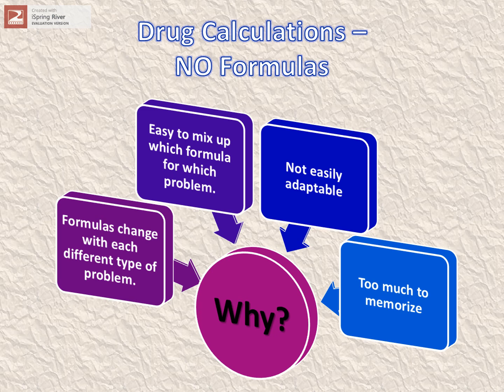Just lots and lots and lots of different formulas. It's easy to mix up which formula is for which problem. It's way too much to memorize. We have enough to memorize in our nursing classes. We don't want to add more to our brain. It's full enough. And the last thing is it's not easily adaptable. What if the instructor throws out a problem that you didn't anticipate?